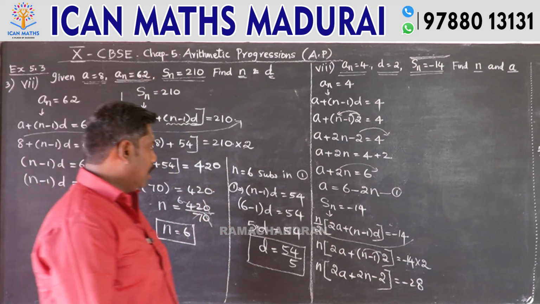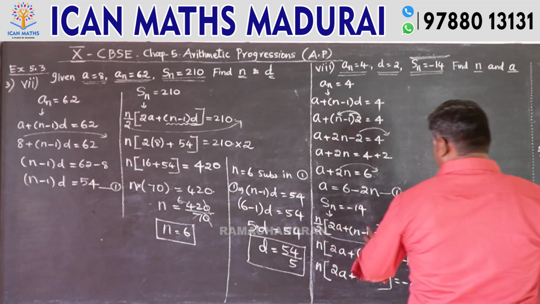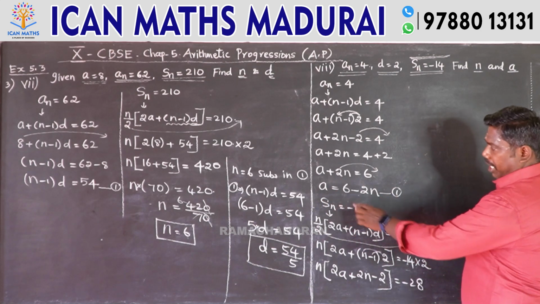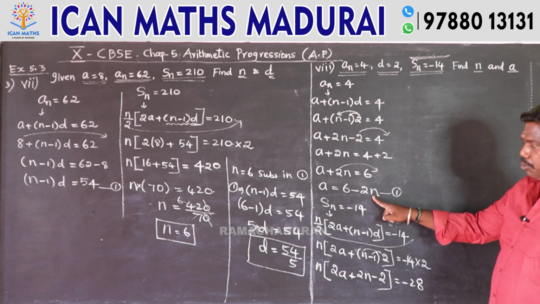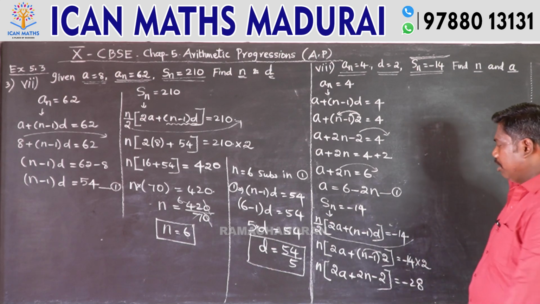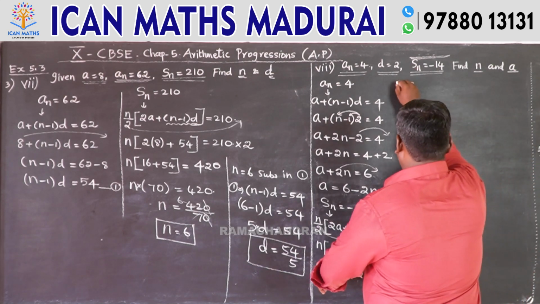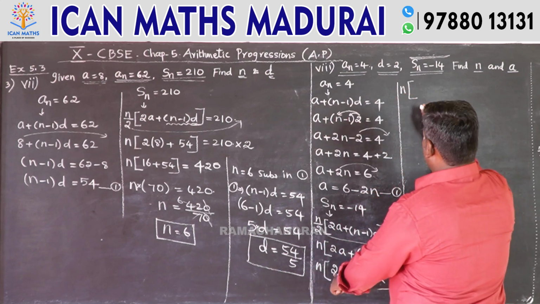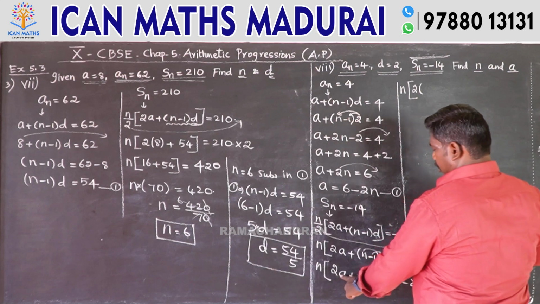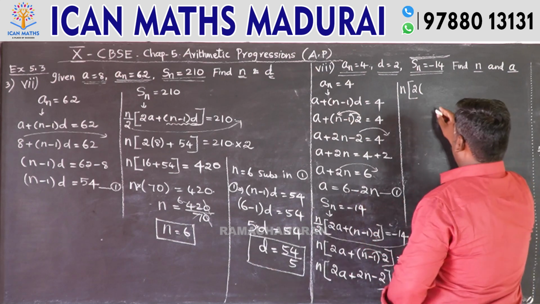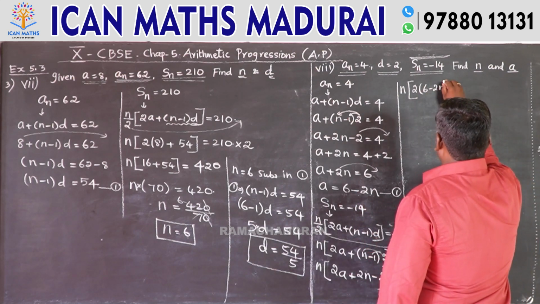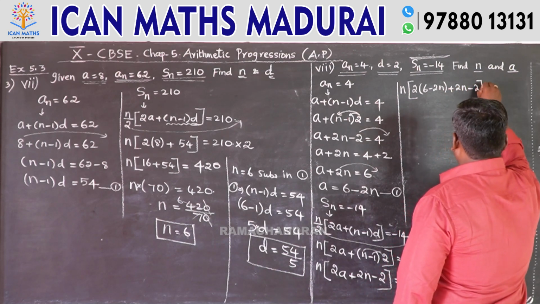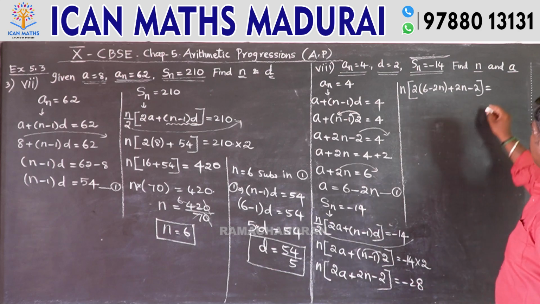Okay. And then we can substitute the value. From equation number 1, the value of a is equal to 6 minus 2n. We can substitute here: n into (2 times a, where the a value is 6 minus 2n, inside the bracket, plus 2n minus 2) is equal to minus 28.